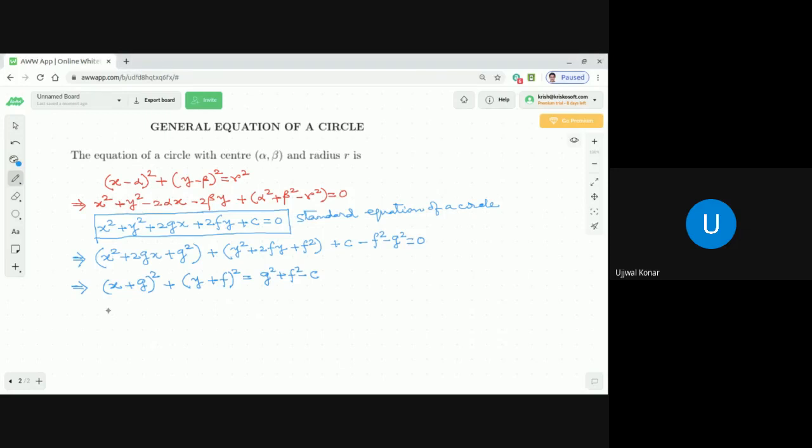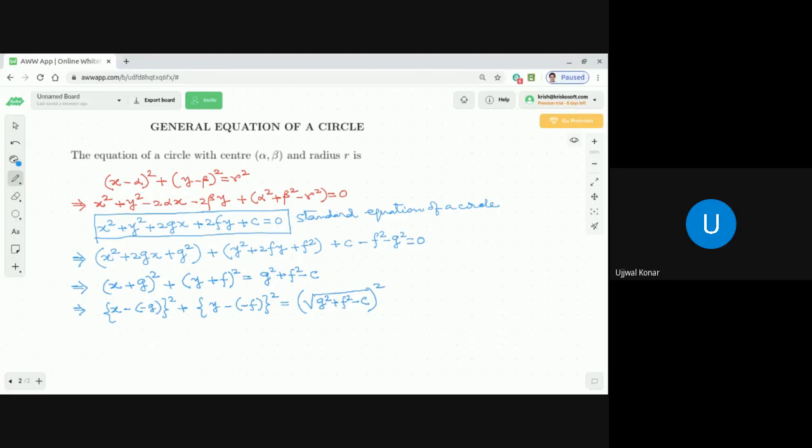So what we can see is that this standard form we are now able to write as x minus of minus g whole square plus y minus of minus f whole square is equal to square root of g square plus f square minus c, whole square.